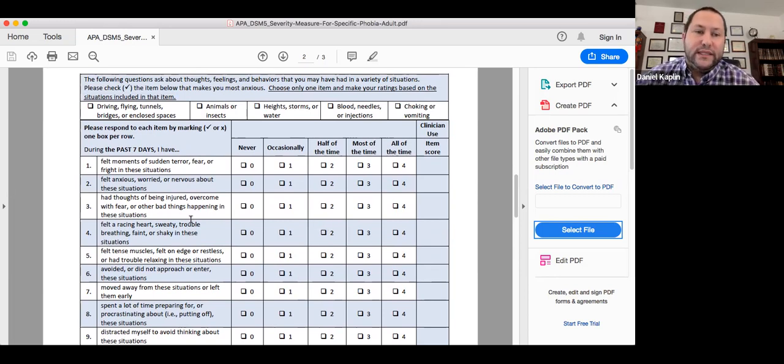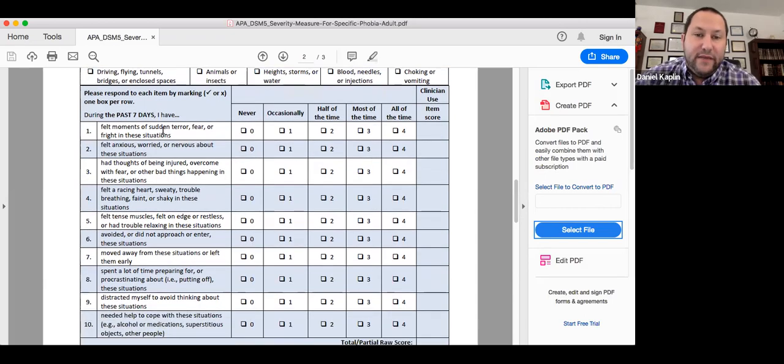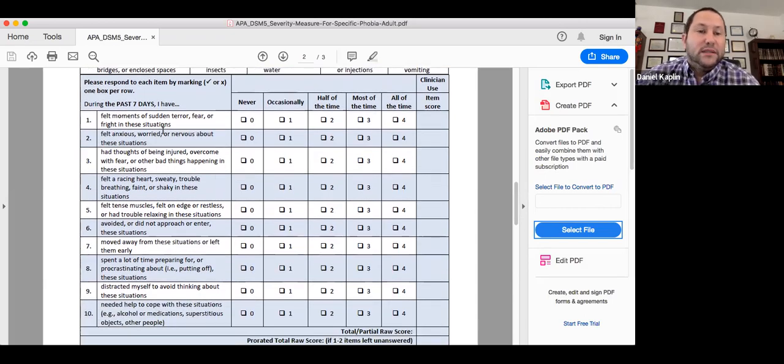So you'll see in the top, there is an item that allows them to identify what the phobia is, whether it's driving, flying, going through tunnels or bridges, whether it's animals or insects, whether it's height, blood, needles, vomiting, etc.